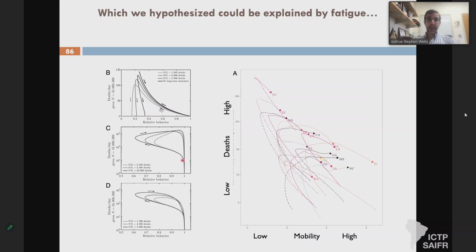Another version is that we get this decrease, and then there's something like fatigue, where people, either because they were tired of staying at home or could not stay at home, so it's not meant to have a negative valence, it just means that people had to go back out, then deaths per day increase as mobility increases.